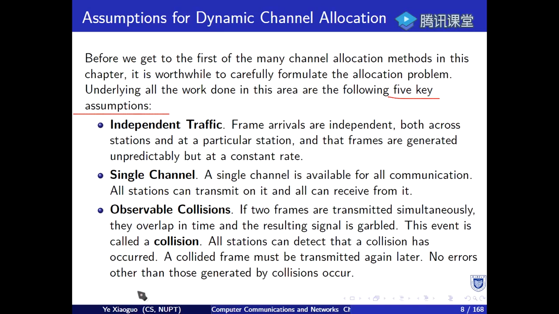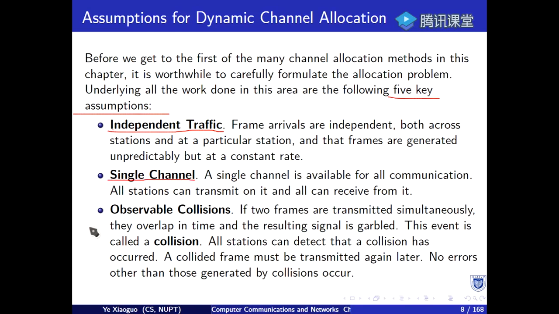Frame arrivals are independent, both across stations and at a particular station, and frames are generated unpredictably but at a constant rate. So that is what independent traffic means.